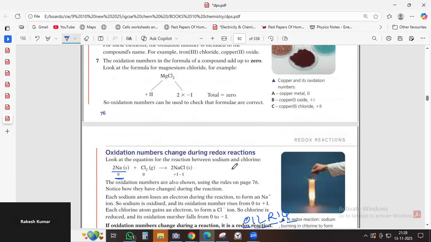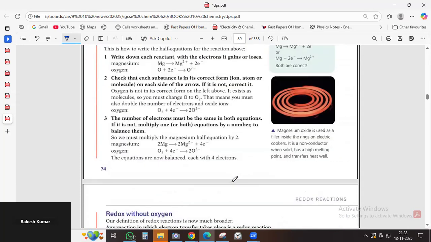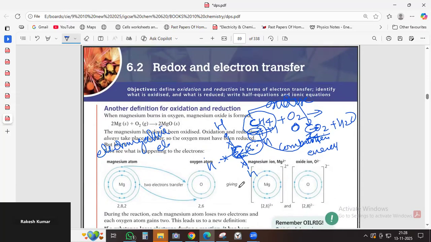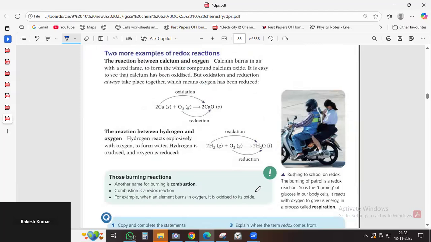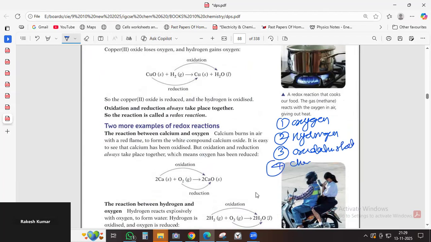So in the future, if they ask you to identify what is getting reduced and what is getting oxidized, you can always look at it in 3 or 4 ways. One, oxygen addition or removal. Two, hydrogen addition or removal. Three, oxidation number or oxidation state, and four, charges and electron transfer.